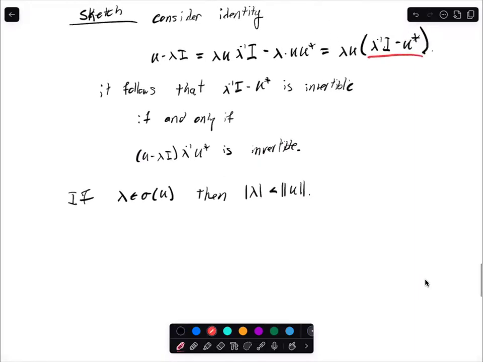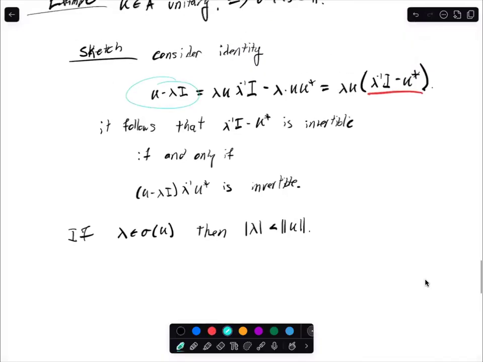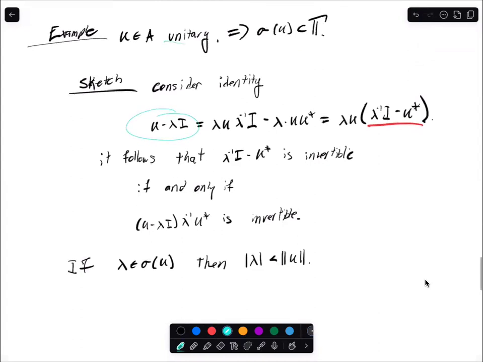So what this identity basically tells us is that if we are able to avoid the spectrum of U, then since U is a unitary, so it's invertible, then that inverse of the element of the spectrum is going to allow this operator in red to be invertible.